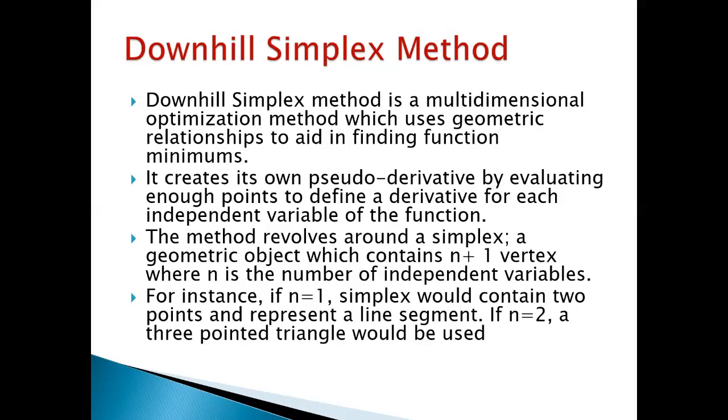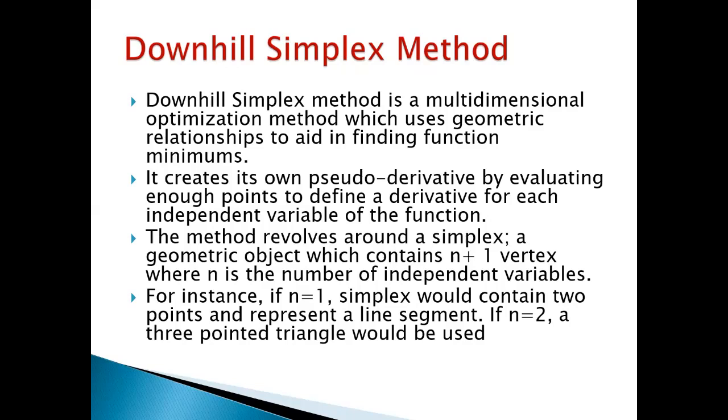Can you imagine n dimension or 4 dimension or 5 dimension? This object will be created based on the number of variables we have in the objective function. The criteria is we have n plus 1 vertices. Suppose we have n independent variables, then there will be n plus 1 vertices, and based on these vertices the object will be created.